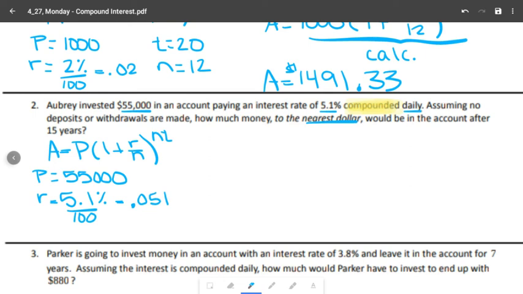It is compounded daily, so the N value that we should be using, daily means 365. And we want the value of the account after 15 years, so T is 15. So plugging all of this straight into the formula.